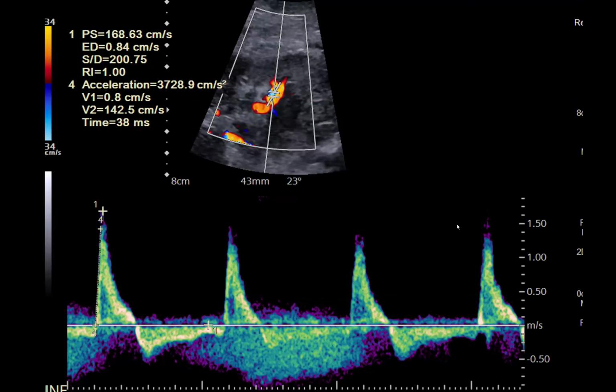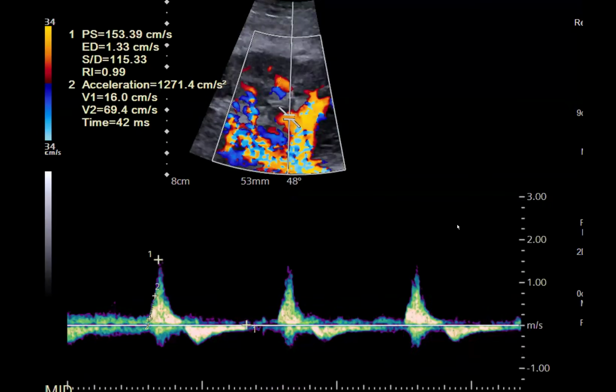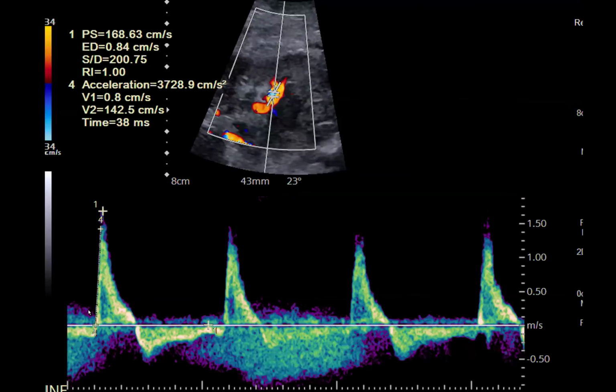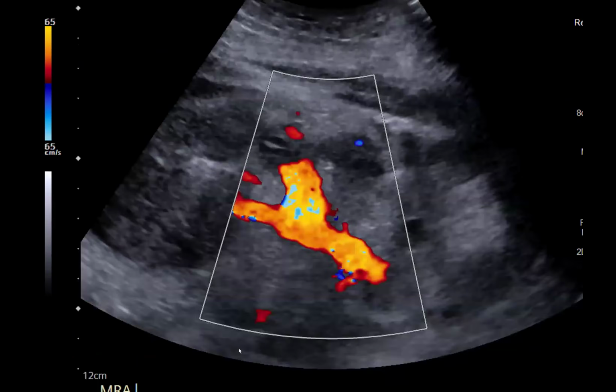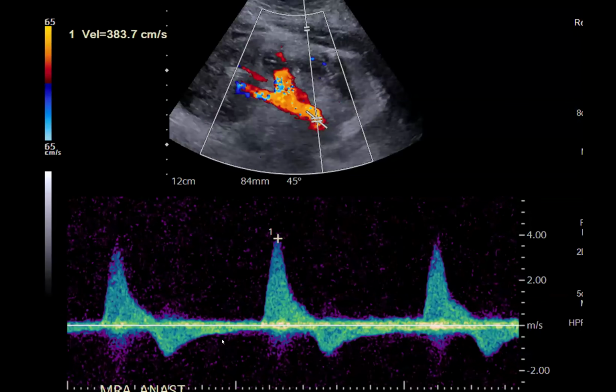Cool. Okay. So that's a Doppler spectrum from a transplant kidney, and that's the waveform that I was talking about. It should have a sharp upstroke and always be forward flow. But this is going below the baseline, so this is reversal of diastolic flow. Each time we see that, it is ominous, and we have to look for a couple of things responsible for this.